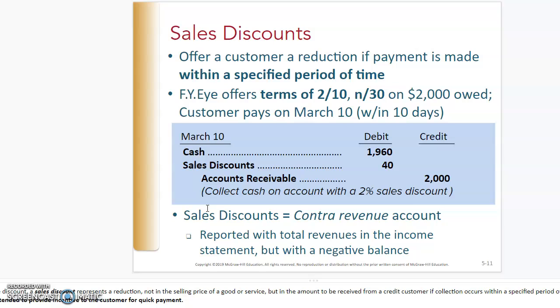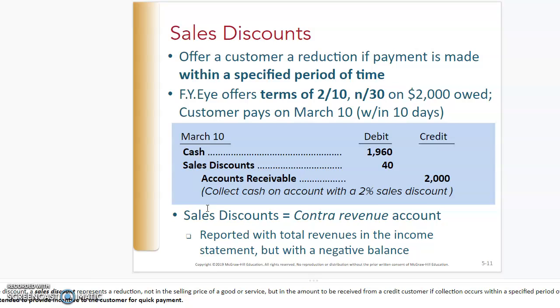A trade discount is just like a volume discount where the amount of the sale is decreased for the customer. Okay? A sales discount is an amount that the company allows the customer to deduct from the amount that they owe on accounts receivable if they pay it within a short period of time.